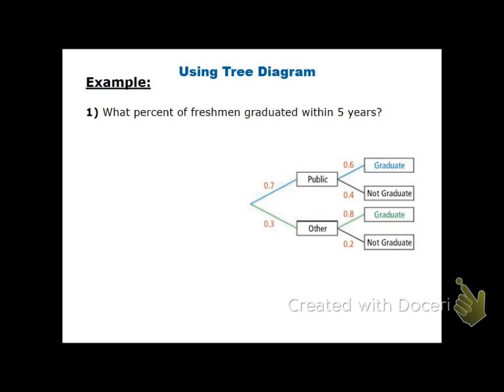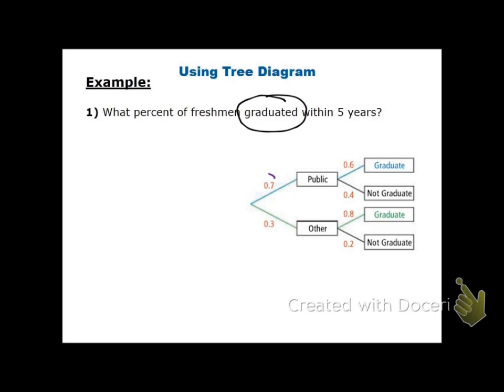So, in example 1, what percentage of freshmen graduated within 5 years? To determine our probability for this particular situation, we have to focus in on what they want us to find, and that is graduated. So we want to talk about what percentage graduated in 5 years. So we're just focusing in on the percentages that talk about graduation.